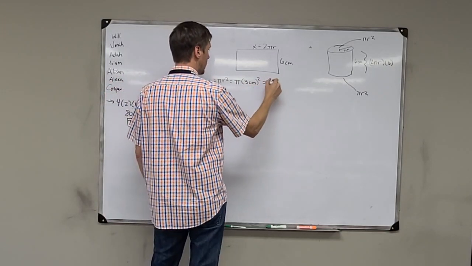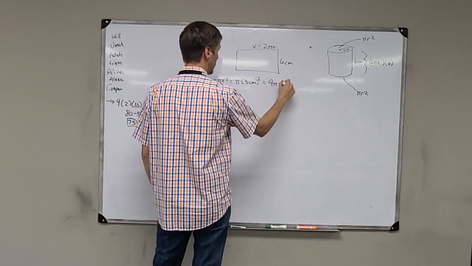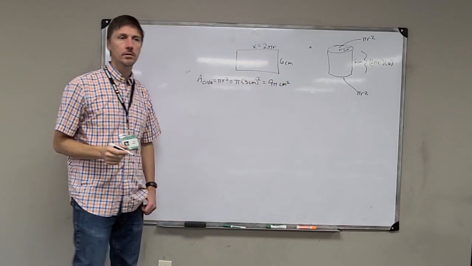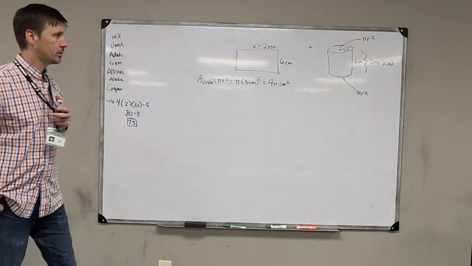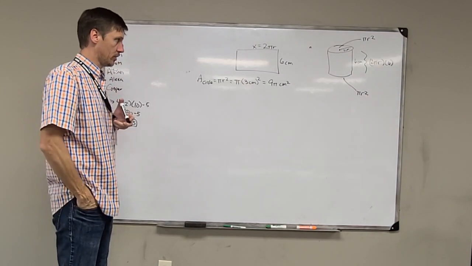So that's going to be 9 pi centimeters squared. Did I lose anybody with the math on that? Did you guys follow that? I just squared by 3. I'm just leaving pi in here for now instead of trying to type in 3.14 on the calculator. We'll do that in a minute if we want to get a decimal answer.